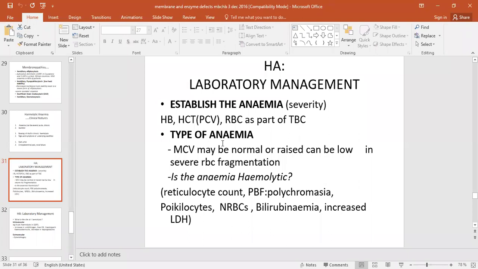We can also classify anemia based on morphology or size. If you have an MCV, for these patients, the MCV tends to be normal. So you would see a normochromic, normocytic kind of picture. But you can get a raised MCV, or a low MCV.